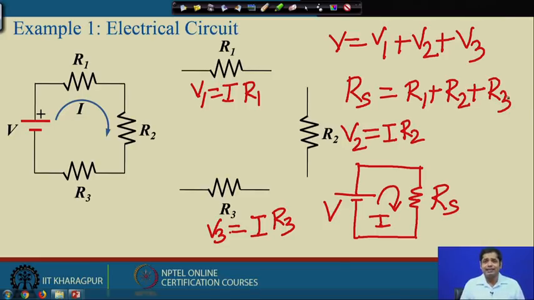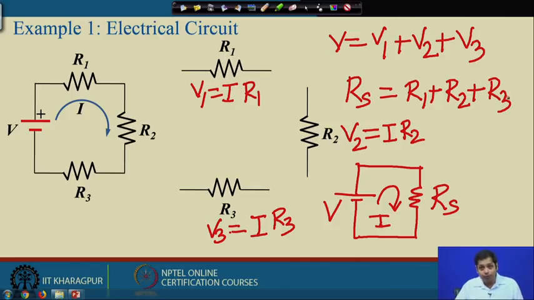As an example, there is nothing new to see here. You have already seen it, but my objective here is not to solve this electrical circuit problem. My objective is something else, and that will be clear shortly.